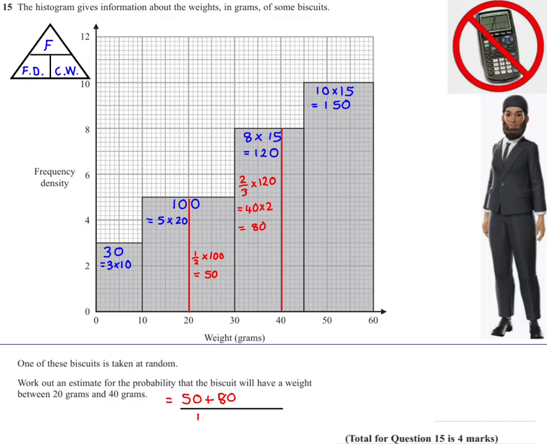So essentially our answer is going to be 130 over 400. Let's quickly simplify that: it can be divided by 10, which gives you 13 over 40.